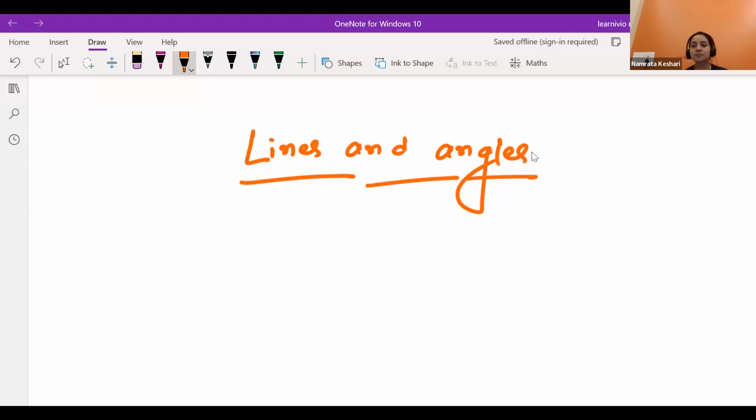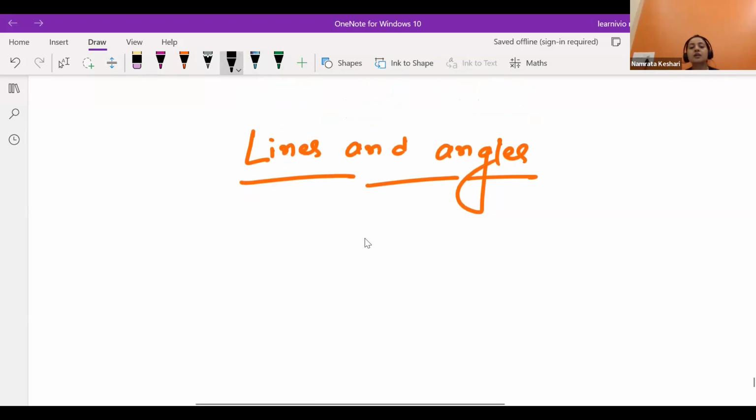You need to understand this chapter very well, then only you are going to use this concept in the triangle chapter. Triangle chapter you need to understand very well. Then you will find yourself using the lines and angles concept and the triangle concept in the quadrilateral chapter.